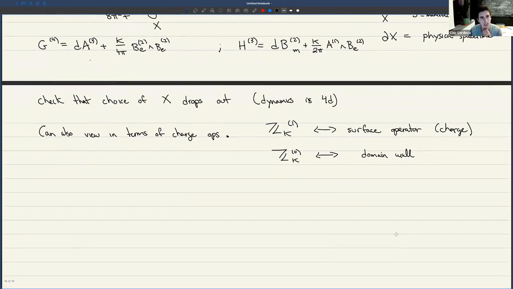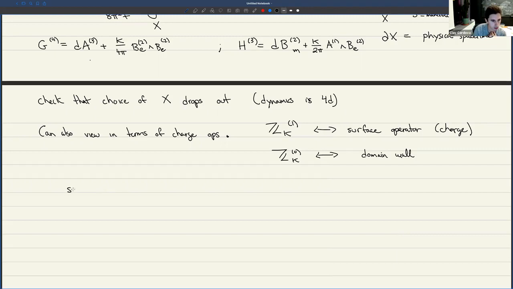Now, what does this kind of funny higher group global symmetry that we're deriving here mean in terms of these charges? Well, it means a kind of interesting fusion law.